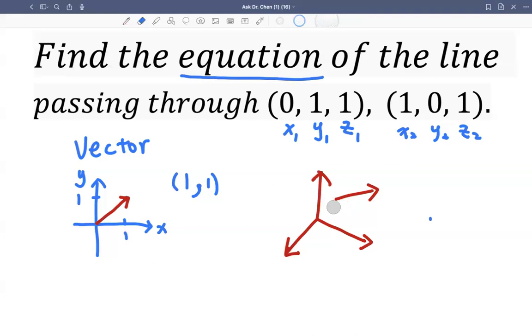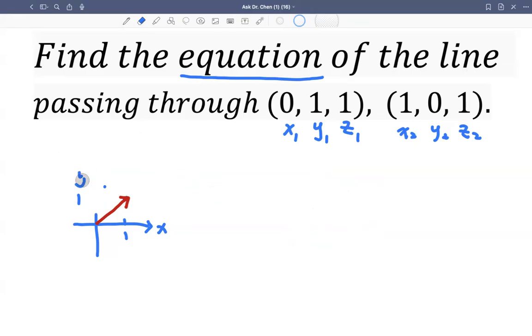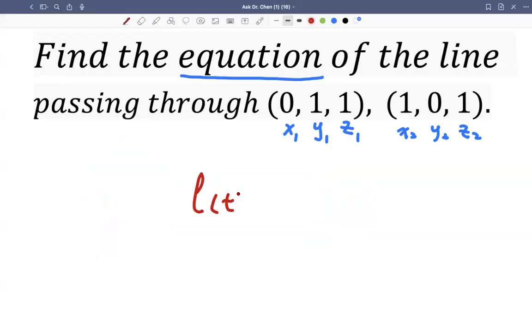So how do we do that? We have a formula of a line. We call the line passing through a point L of t. What does it mean? Imagine I have a vector, and this is the starting point. Think of t as time, and think of an object going along this vector.